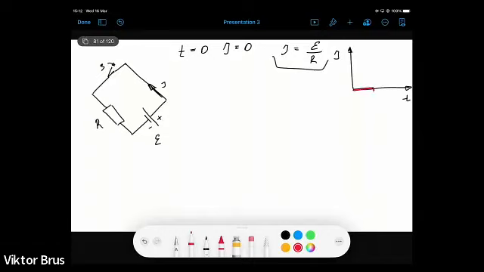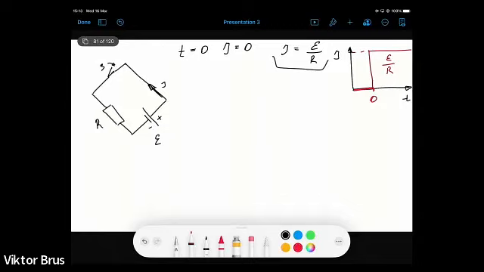Then this is our time 0 when we turn on the switch, and instantaneously current increased to this value, which is defined by epsilon divided by R. So indeed, it will not happen like this.